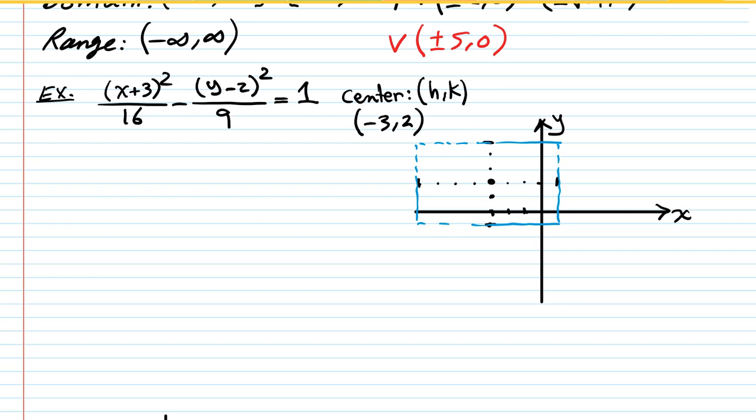Next, we need to do the diagonals of this rectangle. So I'm drawing the diagonals next. The diagonal is going to be this one, and the other diagonal is going to be this one. Okay, so let's see. This was negative 3, and the center, of course, is negative 3, 2, so this height is at 2.